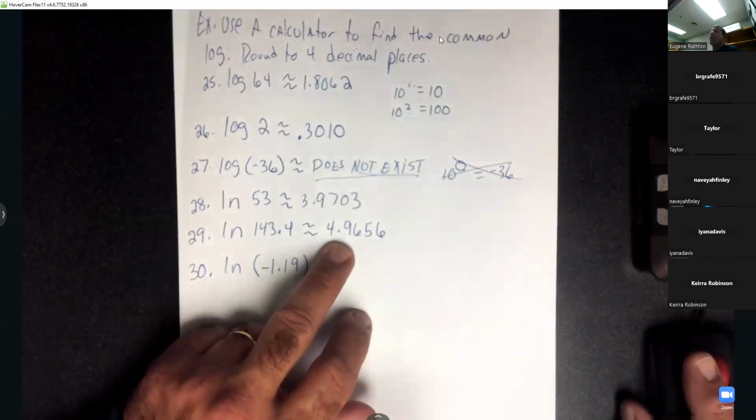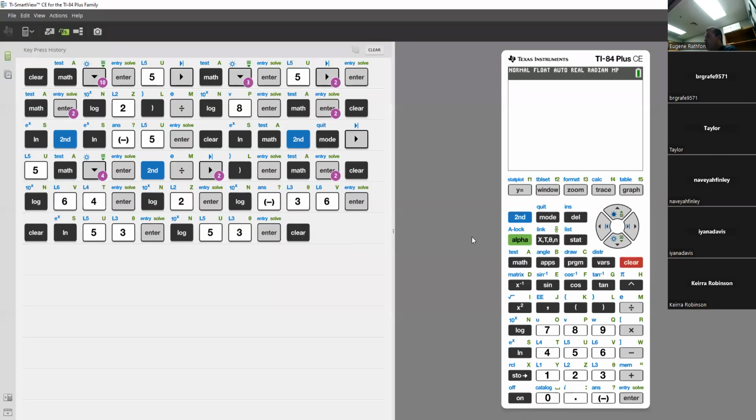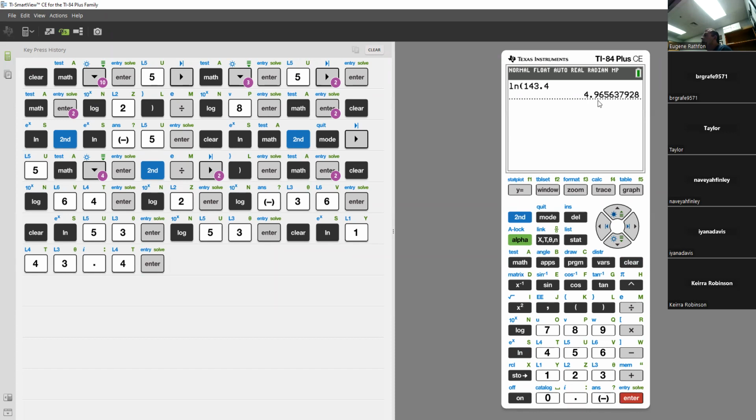It wants you to round them to 4 decimal places. So that was an LN of 143.4. So the 4th decimal place would be the 6. And since it had a 3 after the 6, it does not round. You're only going to round up if it's a 5, 6, 7, 8, or 9 there, okay?